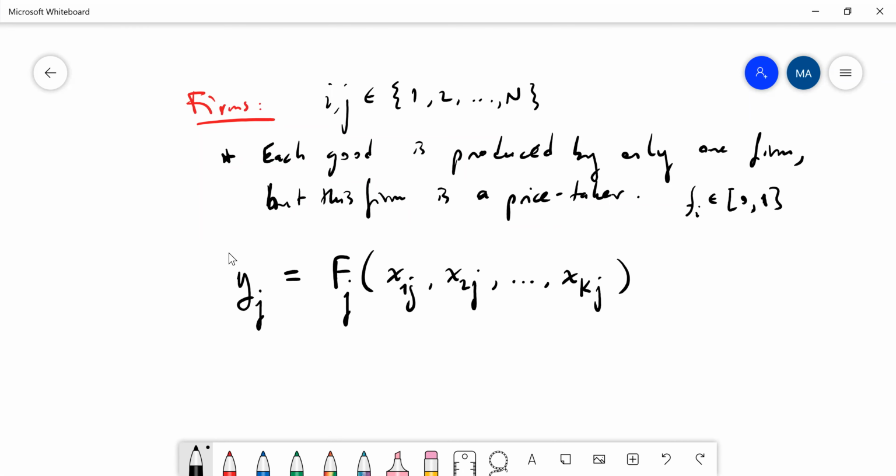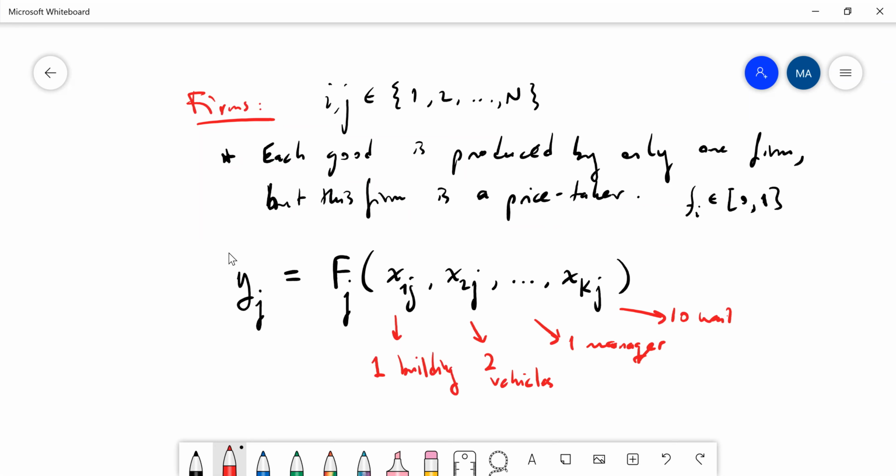So if I use, let's say, one building, 2 vehicles, 1 manager, 10 waiters or waitresses, etc.